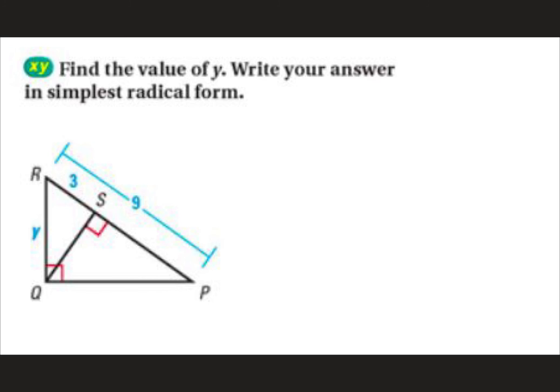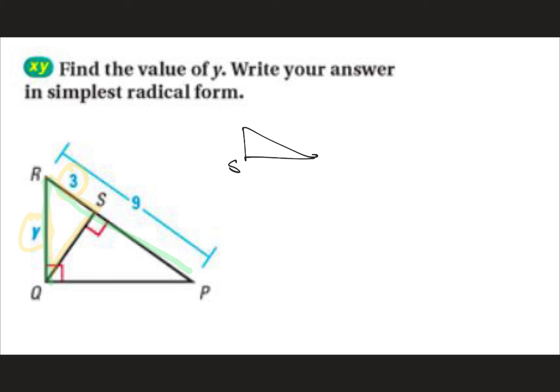So let's look at what we have. In the small triangle, we have this small triangle here. We have the hypotenuse and we have the short leg. In the original triangle, we also have the short leg and we have the hypotenuse. So, I said let's redraw the triangles, so let's redraw the triangles.